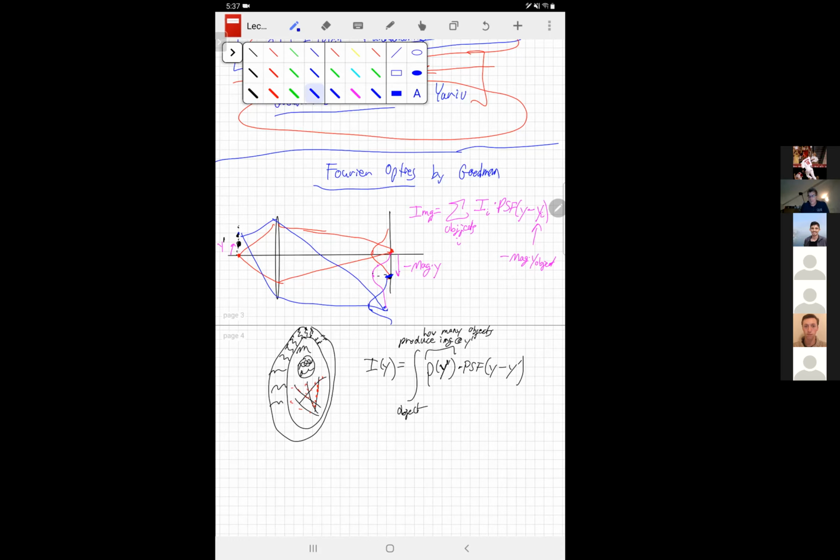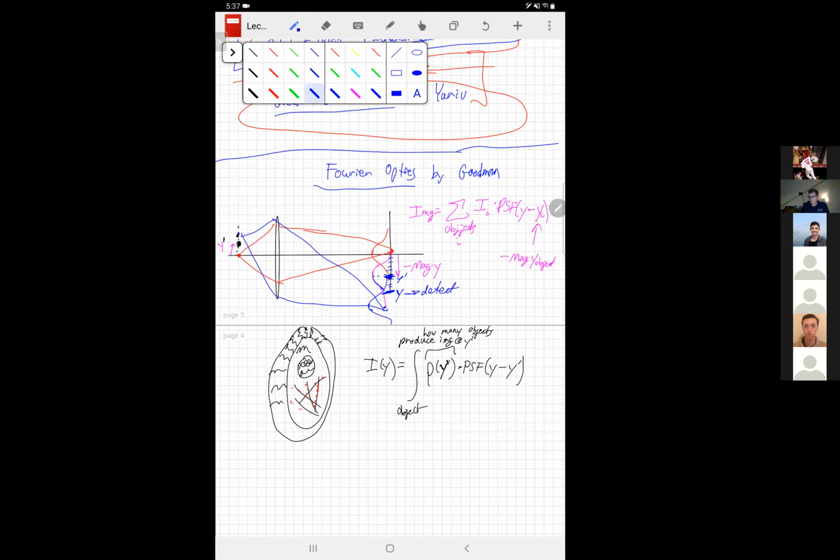But in fact, an object that would produce an image centered here also sends light to here and here and here and there. So if I want to figure out how much light I get right here at a point y, I have to say, okay, I'm going to have some image centered here, but it's producing a tail that comes out to y. So I've got an image centered at y prime. It's got a tail that goes out to a point y where I'm actually detecting.